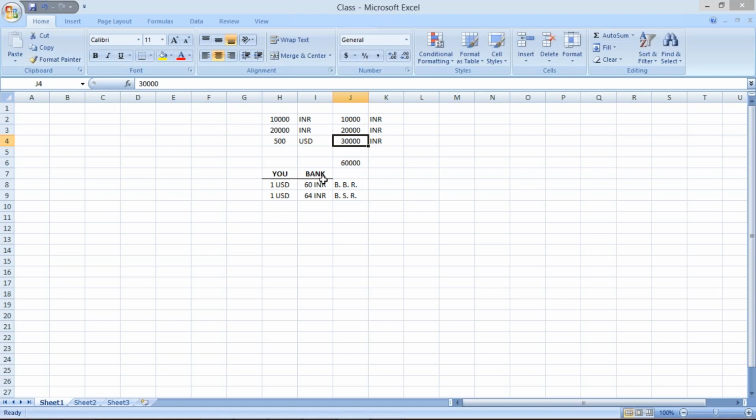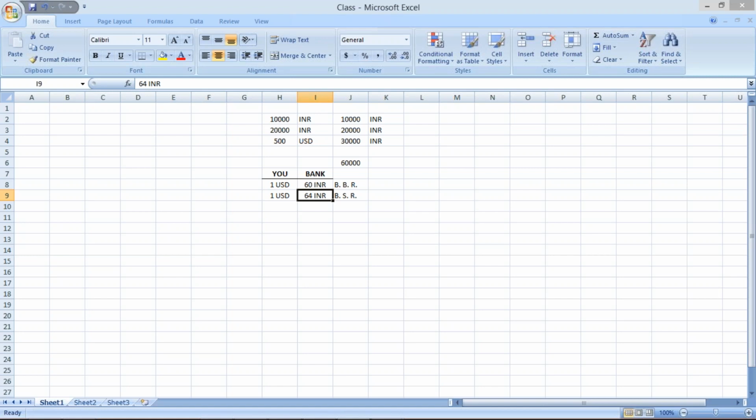Are we going to consider the bank buying rate or the bank selling rate? Because these two are different rates. It will be decided by the organization which rate they are going to maintain, whether buying rate or selling rate.